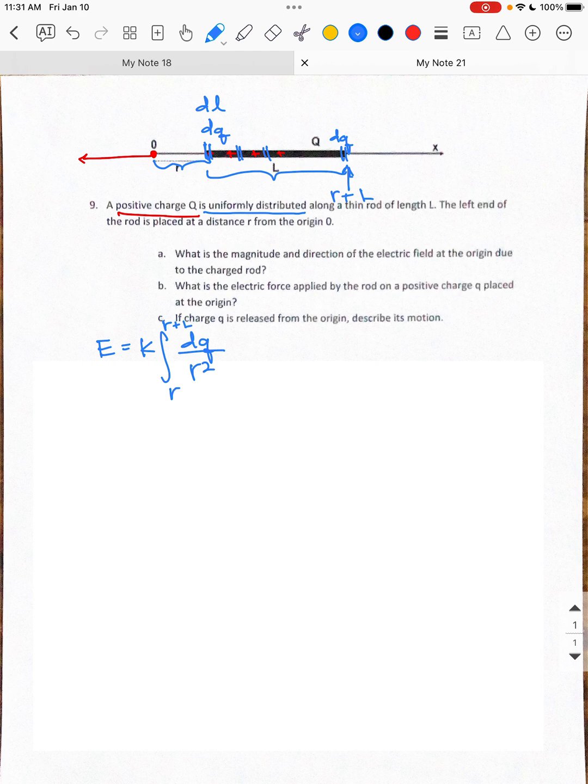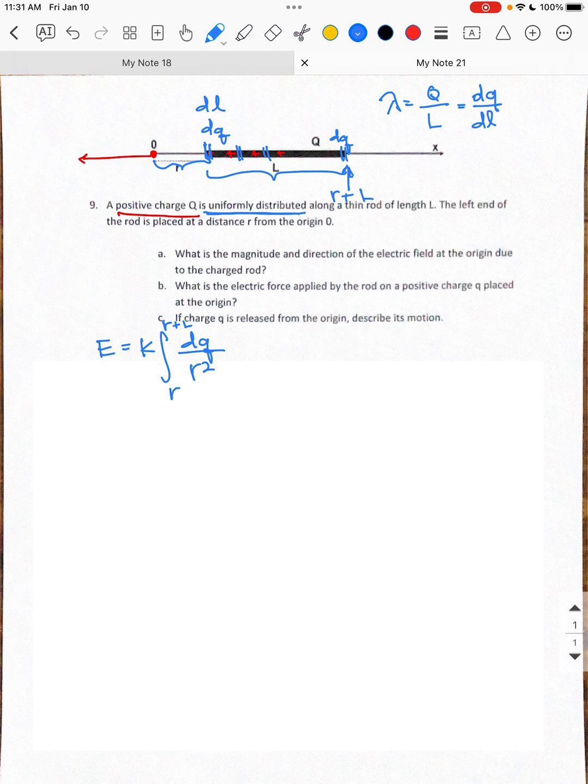So I want you to find the relationship between charge and length using the fact that there's uniform distribution. So lambda is equal to the full charge over the full length, which is also equal to one piece of charge, dq, over one piece of length, dl.